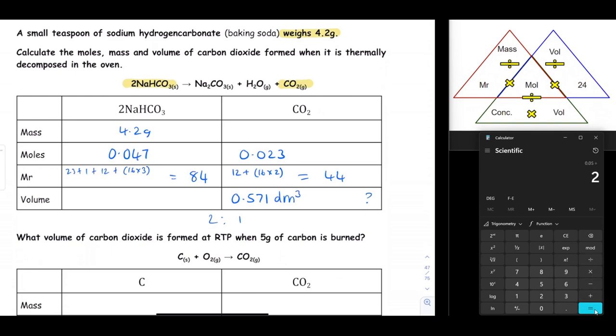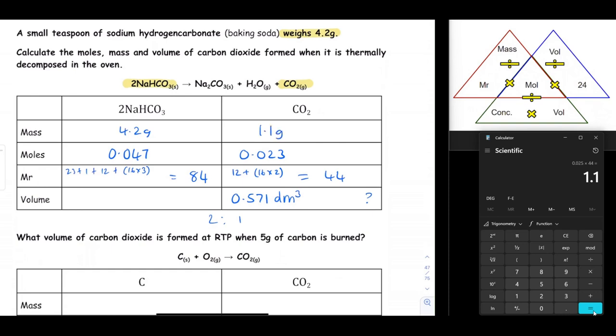I divide that by 2 to get my moles of carbon dioxide, and then I times that by the MR, which is 44, and that will give me 1.1 grams.